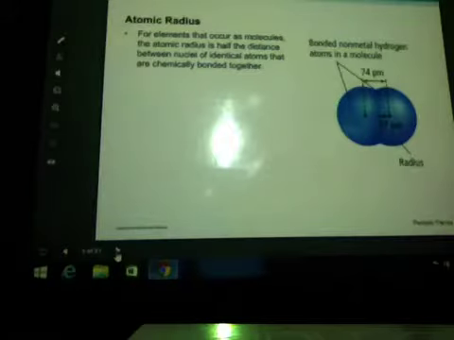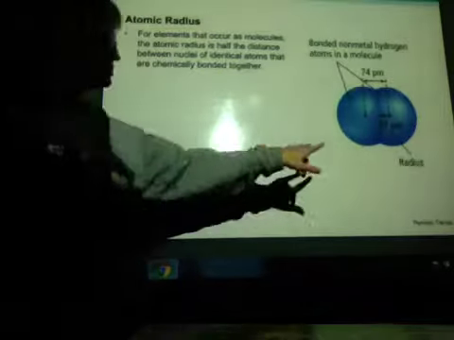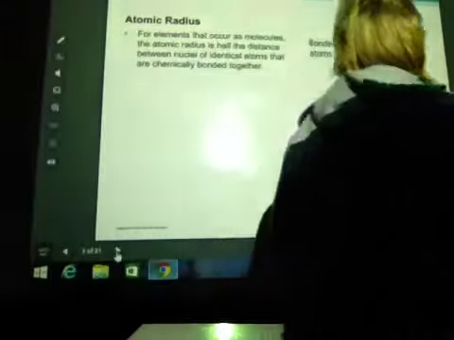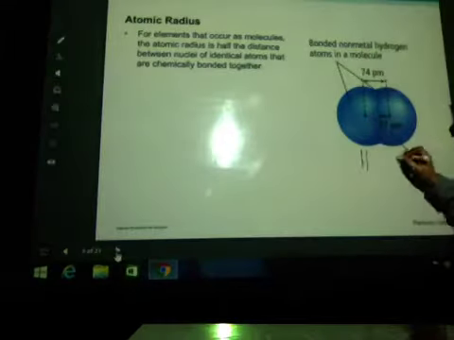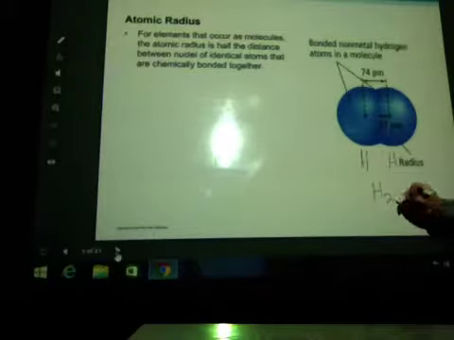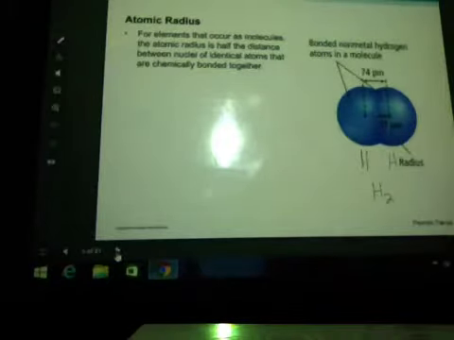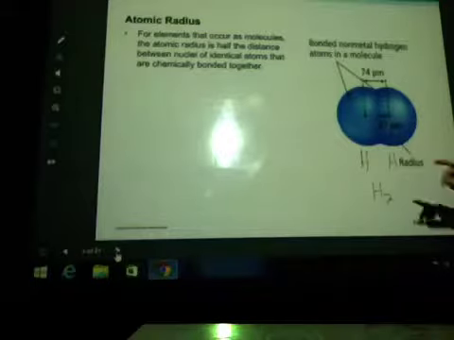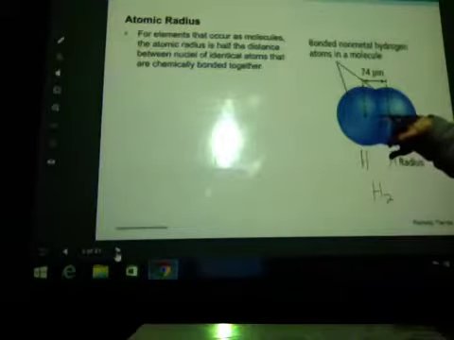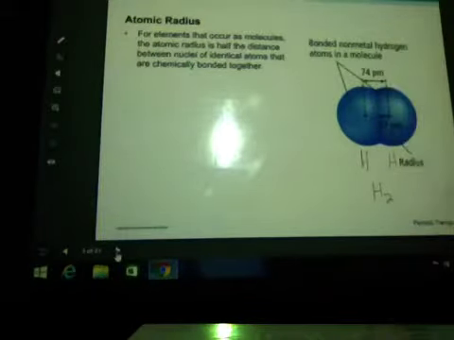For elements that occur as molecules, so this would be like H2, I have one atom of hydrogen attached to another, which would be written like that. But if I have a hydrogen molecule, pretty much the same thing. The radius, though, is in between the nucleus and where they actually come together.